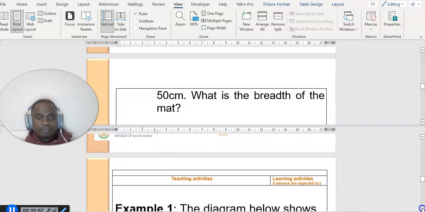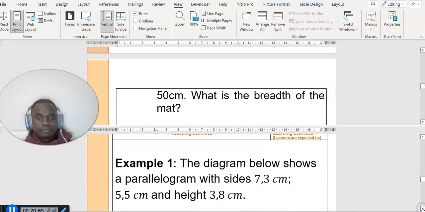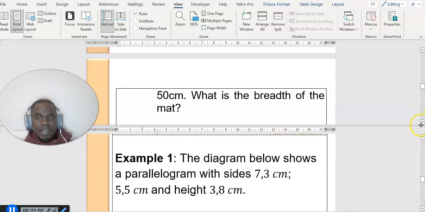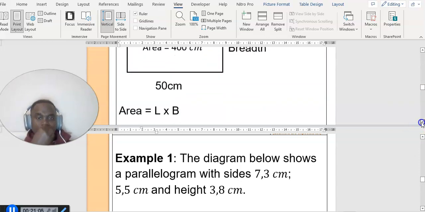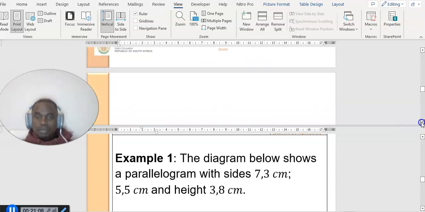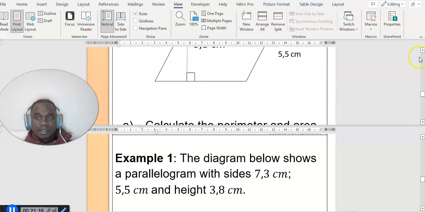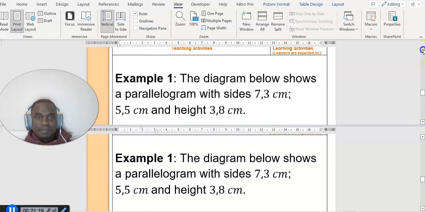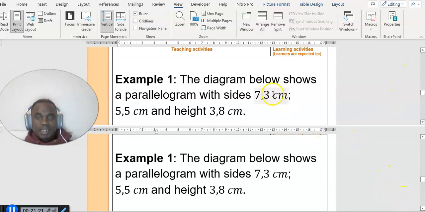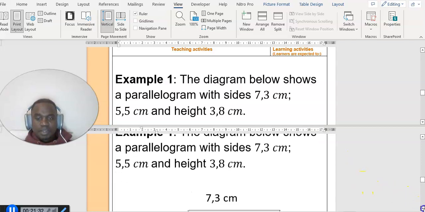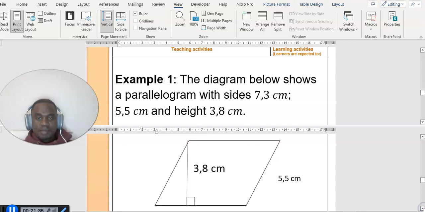Now I have this diagram. Example 1. Another example with regards to area and perimeter. This time we have a parallelogram. The diagram below shows a parallelogram with sides 7,3 centimeters and 5,5 centimeters, and height 3,8 centimeters.